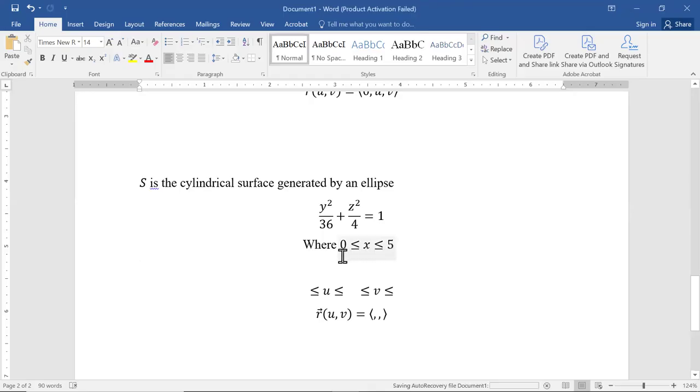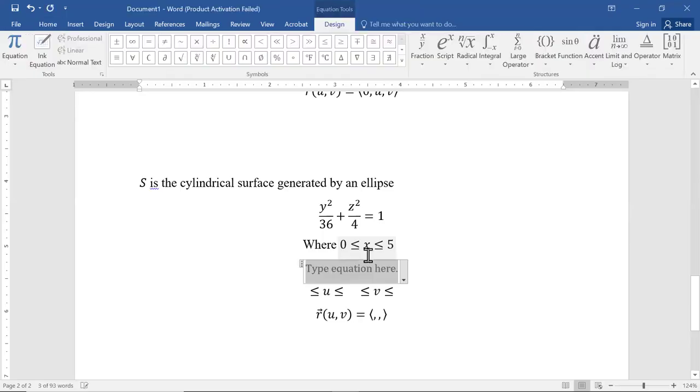And obviously, when we go from x of 0 to x is 5, we're going to have to use one of our variables for x. X has numerical bounds from 0 to 5, so I have to use 1. Now, it doesn't matter which variable we use. I could use the u as my x, or I can use the v as my x.